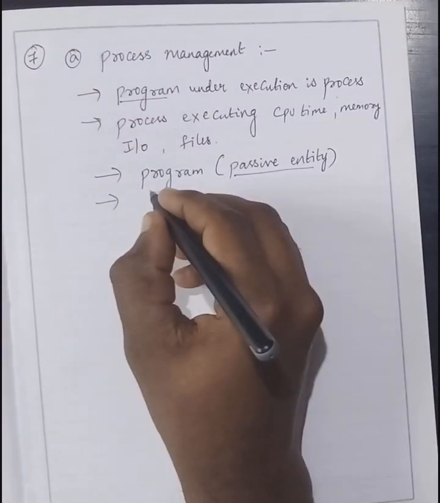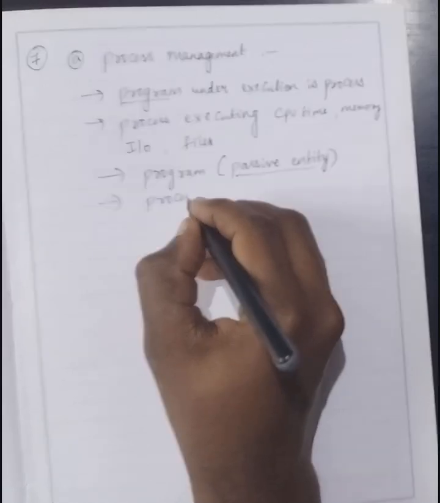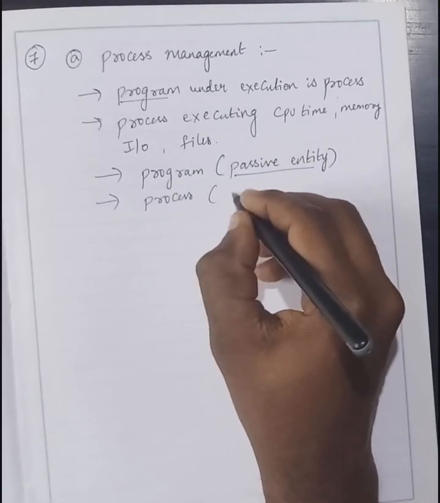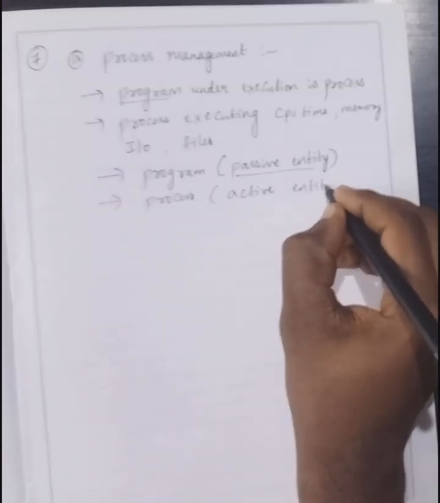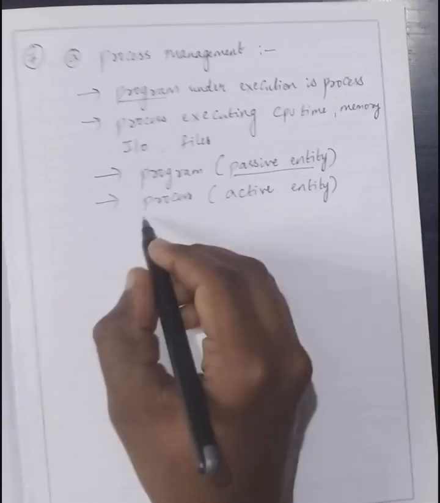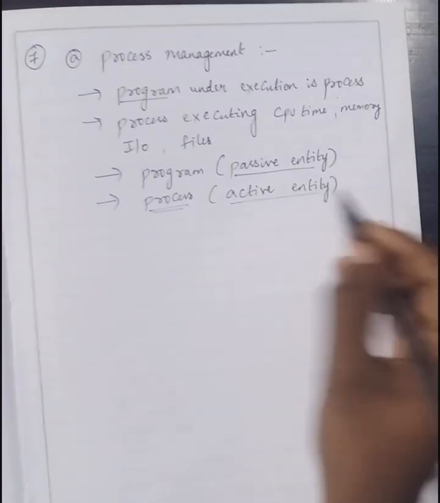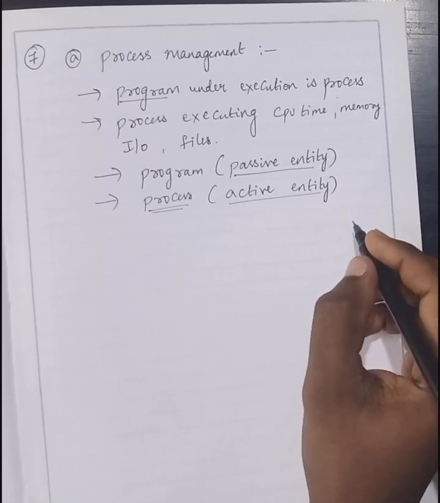The same program, under execution, acts as a process, an active entity. The processor takes it from memory and starts executing it, so we call the process an active entity. All of this is taken care of by the OS.